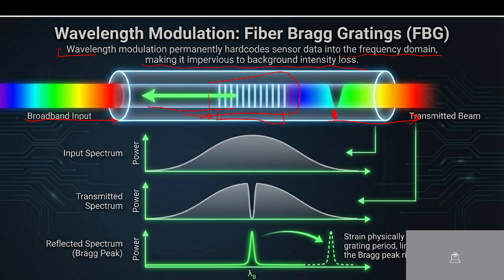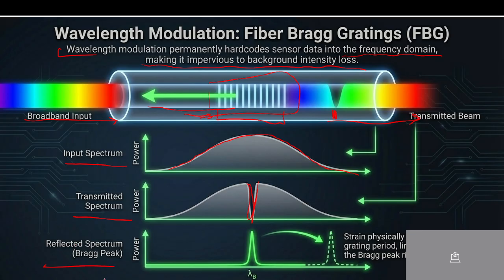It is shown here in this example of the spectrum, where the input spectrum has a clean broadband and the transmitted spectrum is missing one wavelength.